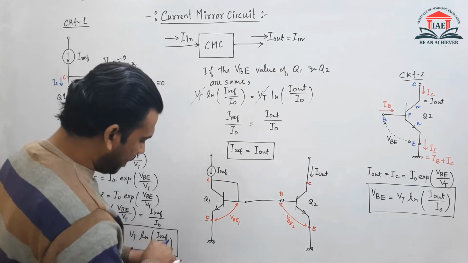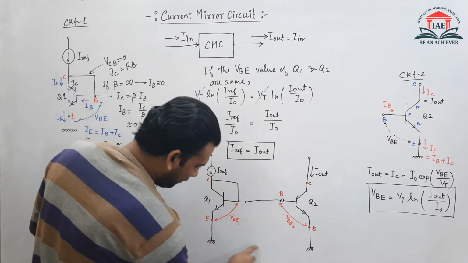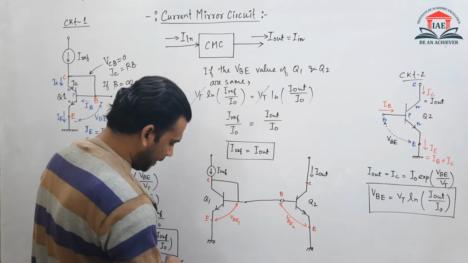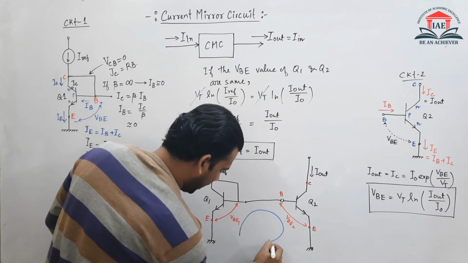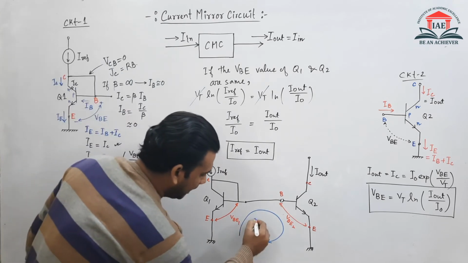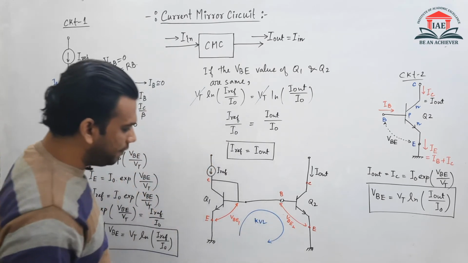सो अब देखो ये जो सर्किट है, इस सर्किट में मैं अगर ये वाले लूप के अंदर केवीएल अप्लाई करूंगा, मतलब इन दिस डायरेक्शन, so if I apply KVL here, what will be the KVL equation?